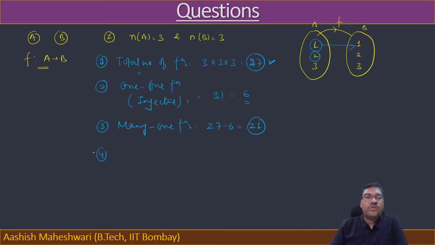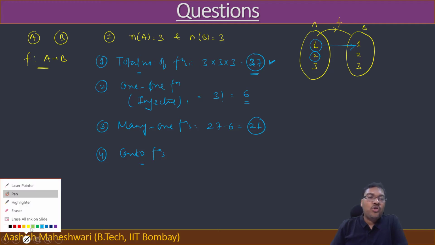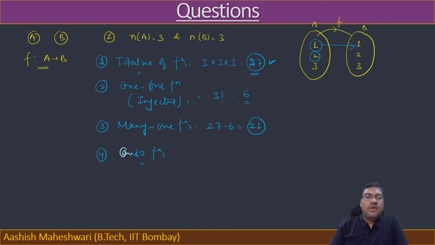Now let's take the fourth case, that how many of these functions are onto functions. So total 27 functions were there. Now the question is how many of them are onto functions. Now how will you get onto function? What is the meaning of onto function?